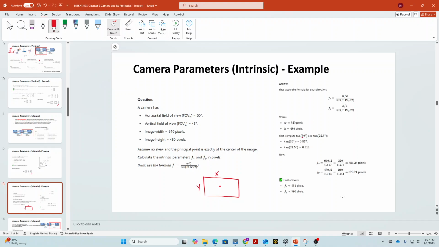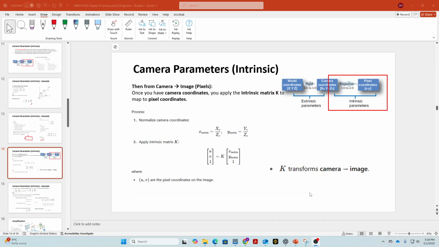You have W here, so this is 640 divided by 2. This is also H, related to the center principal point. Tangent 30 is because of dividing by 2. So you come up with the calculations. Finally, the answer is Fx is 554 pixels, and Fy is 580 pixels.